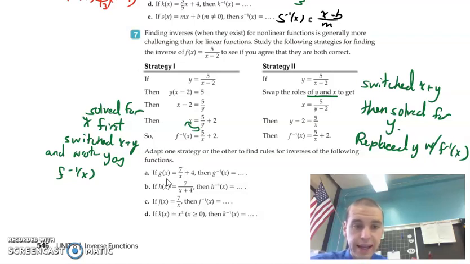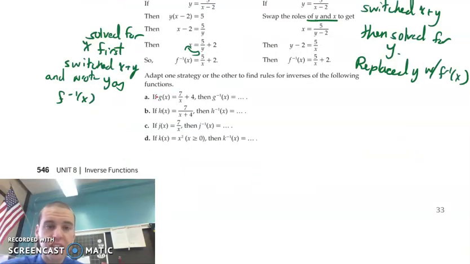So in A, we have g of x equals 7 over x plus 4. If we use strategy 1 to solve for the inverse of g of x, we get y equals 7 over x plus 4. We will subtract the 4 first. So y minus 4 equals 7 divided by x.